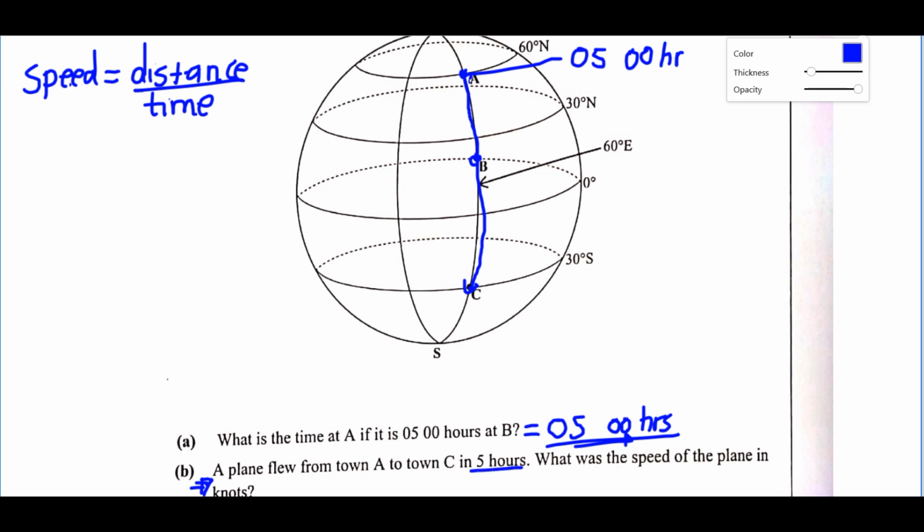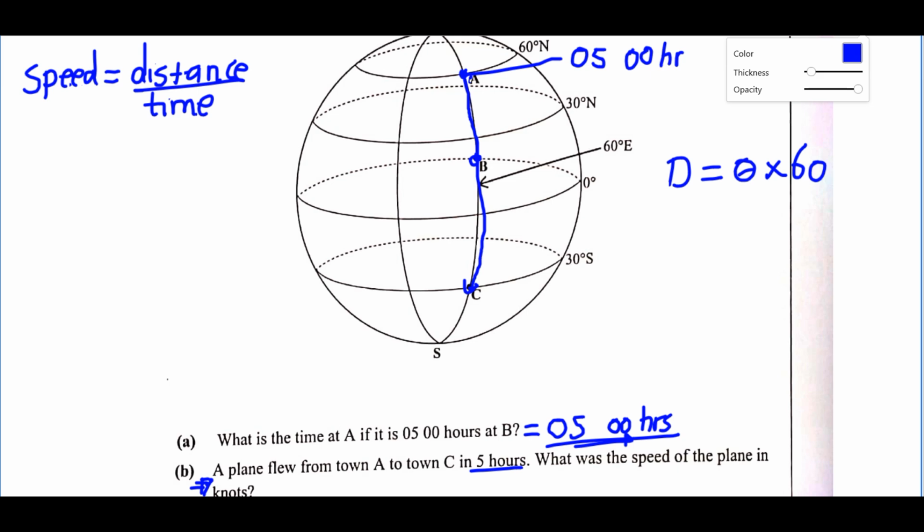We need to find the distance. Then after that we can find the speed. So we're going to say distance is equal to theta. So theta will be the difference in latitudes multiplied by 60. So you only use this formula if the units for the speed will be knots.